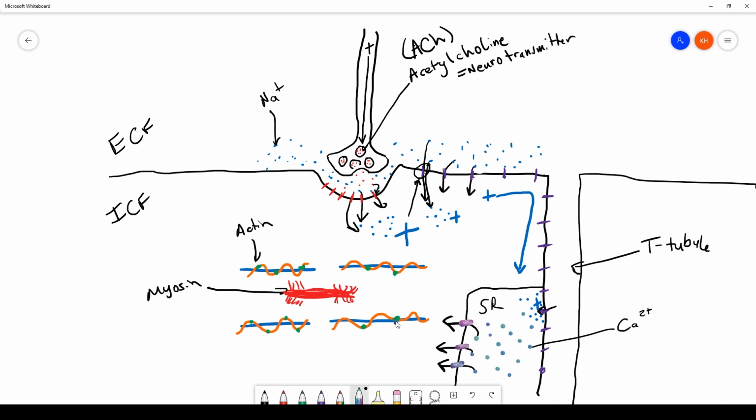When calcium binds to troponin, it pulls tropomyosin away from the active site of the actin filament. The heads of the myosin filament can then attach to the active site and form a cross bridge. Myosin heads with energy harvested from ATP can then pull the filaments closer together, shortening the muscle and causing contraction.